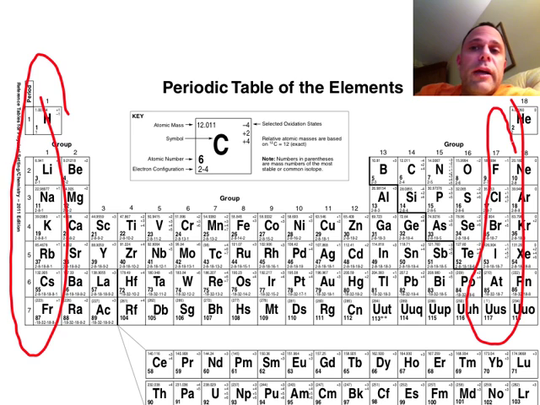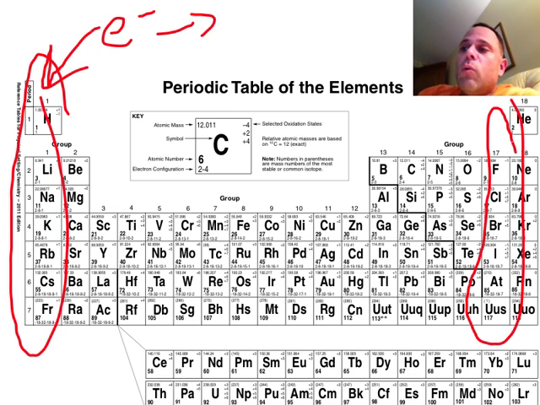The ones in group 1, being right here, tend to lose one electron very easily, while the ones in group 17 tend to gain one electron very easily. Means that they are very, very, very likely to react, sometimes violently.